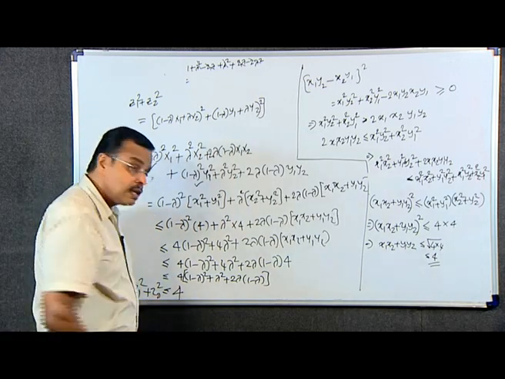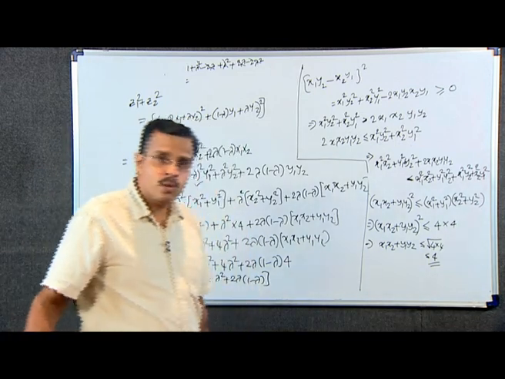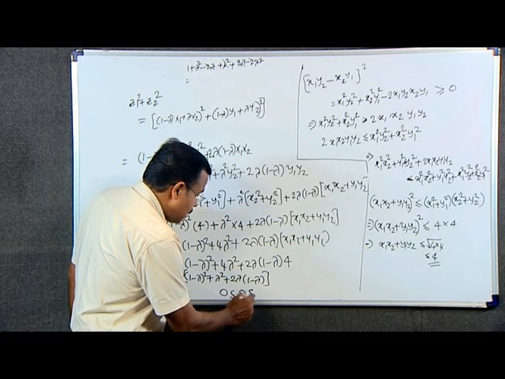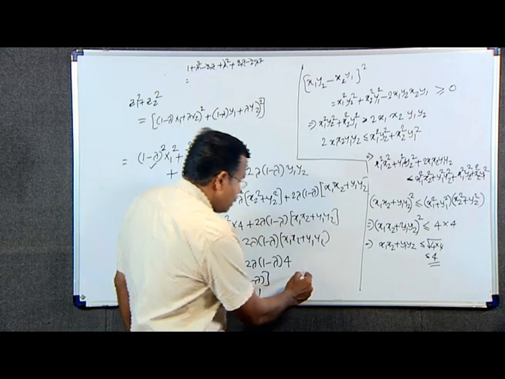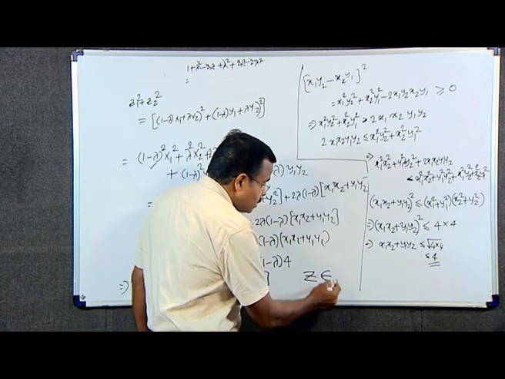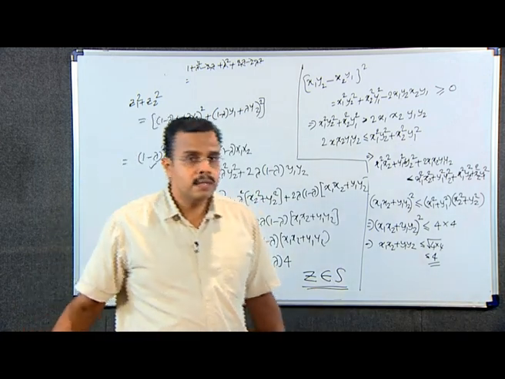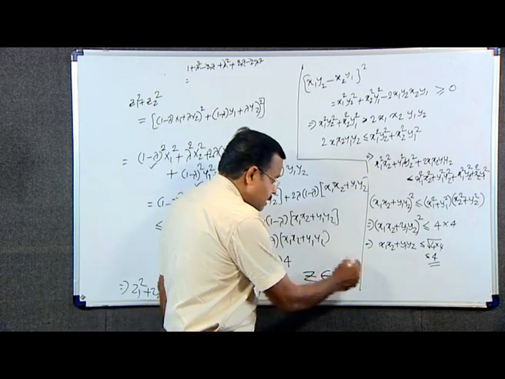Finally, we got Z1 square plus Z2 square is also less than or equal to 4 for all lambda where 0 less than or equal to lambda less than or equal to 1. This gives the convex linear combination of x1 x2 also belongs to S. Hence, by the definition of convex set, the set S is convex.